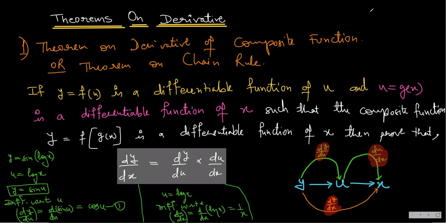So if I multiply, I will get dy by du into du by dx equals cos u into 1 by x. And what is u? U is log x. So this is cos of log x.